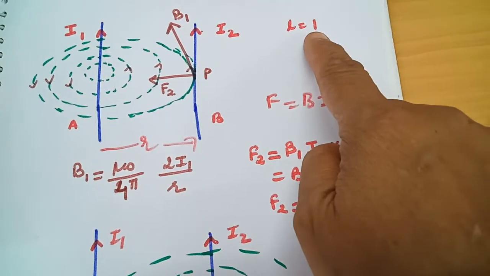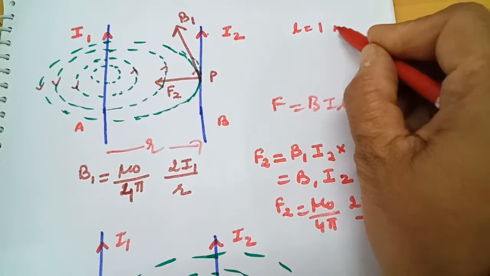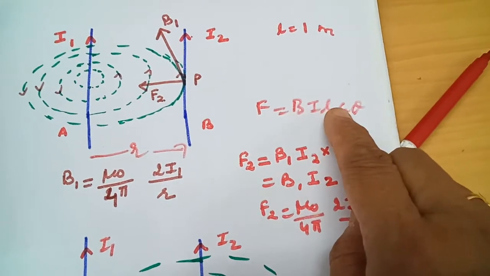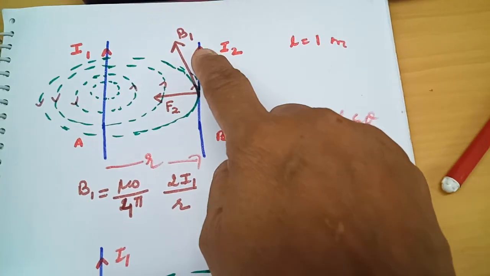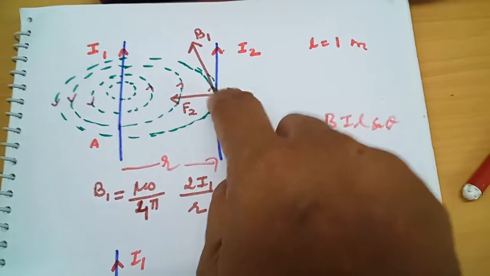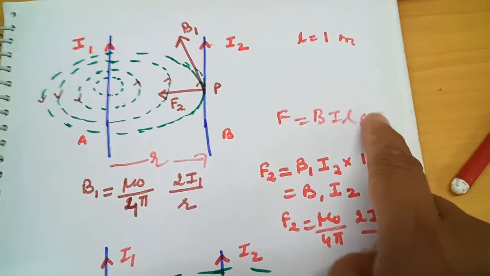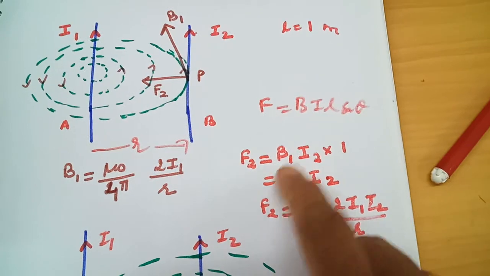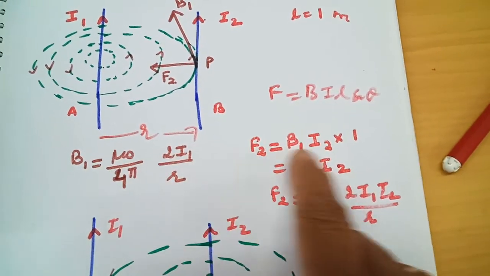L I have taken as 1 meter. And what is theta? Theta is the angle between the direction of the magnetic field and IL. L is in this direction, and the magnetic field is perpendicular, into the plane of paper. So theta will be 90 degrees, and that is why this becomes BIL. Which magnetic field will you take? B1.